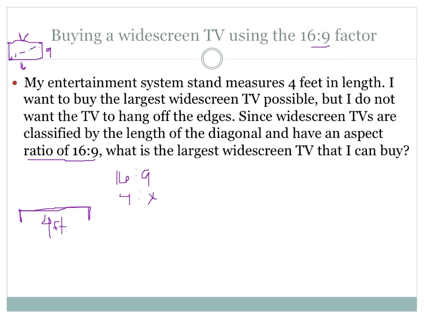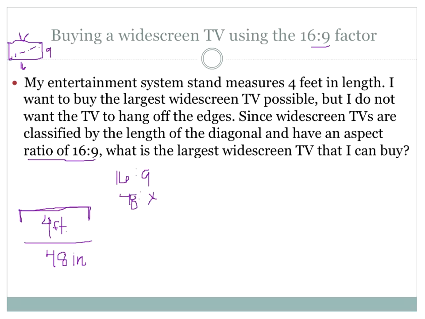I'll give you a hint of how I might start this one. I might realize that 4 feet is also 48 inches. If I convert this to inches, I might have an easier time finding the height. So instead of 4 feet, let's look at this as 48 inches.